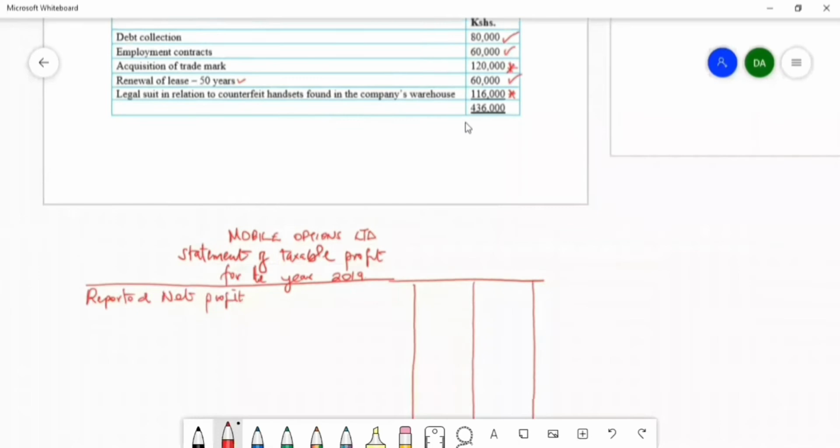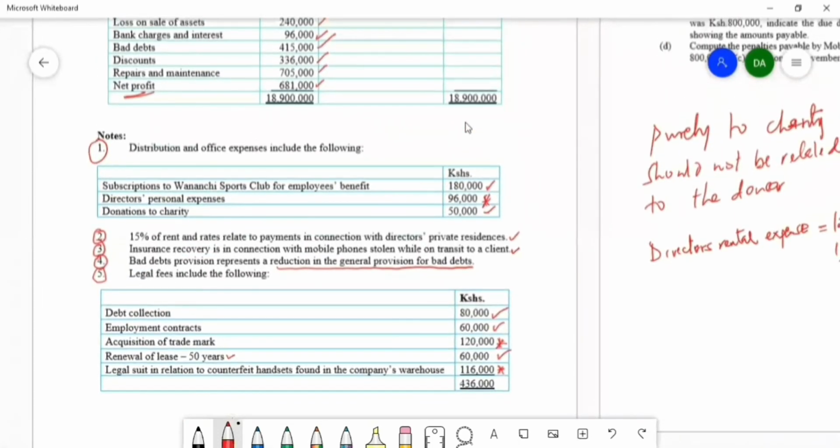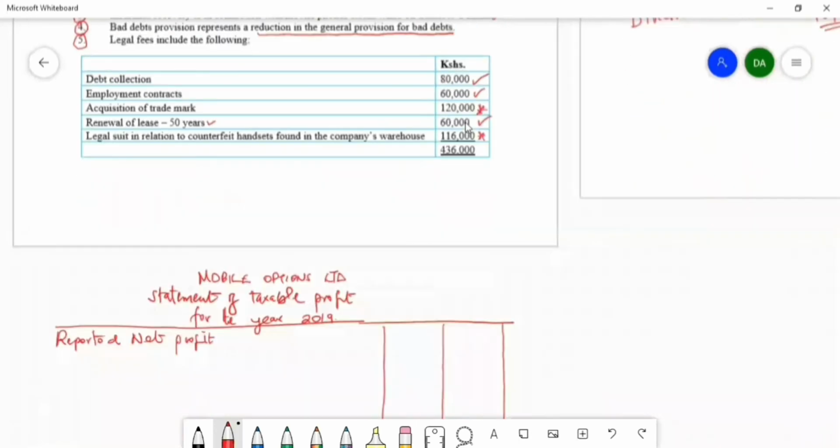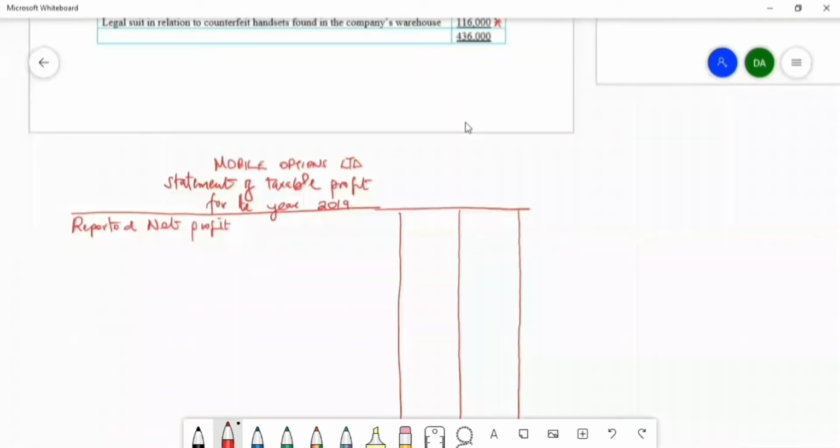In this case, the reported net profit, you find it in the statement of profit or loss as this one, 681,000. To 681,000, we are supposed to add back disallowable expenses.